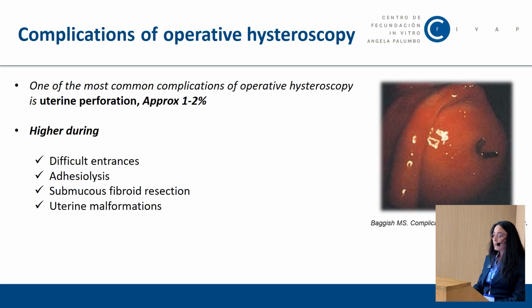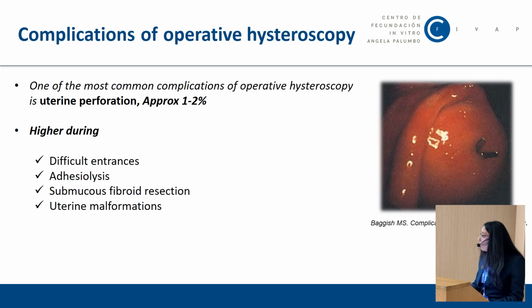Now, the most common complication of operative hysteroscopy is uterine perforation, and according to the literature, it occurs in approximately 1 to 2% of the cases, and higher during difficult entrances, adhesiolysis, submucosal fibroid resection, and septum resection.